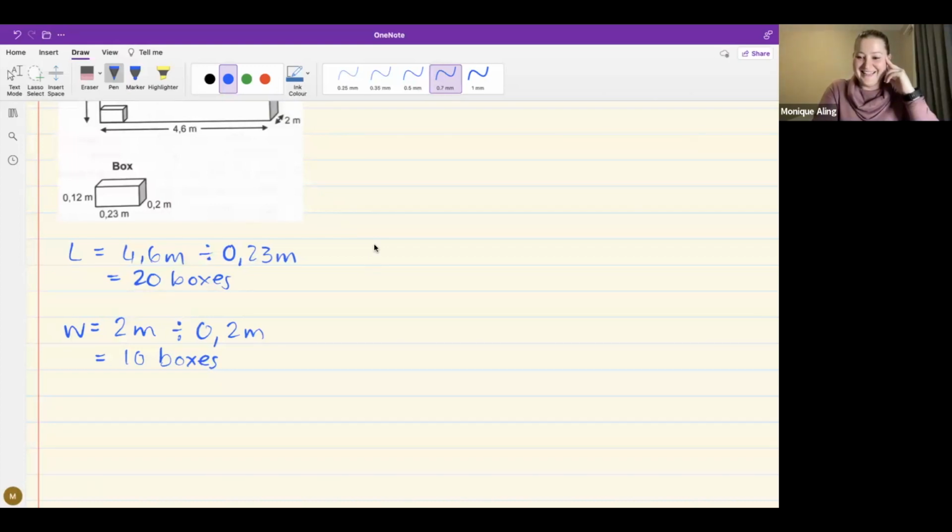For the height, it's 1,8 divided by 0,12, and then I got 9. Sorry, can you please repeat that? You got 9. 1,8 divided by 0,12. Oh no, 0,2.